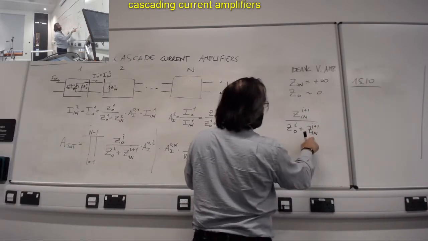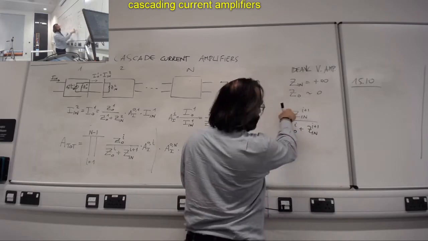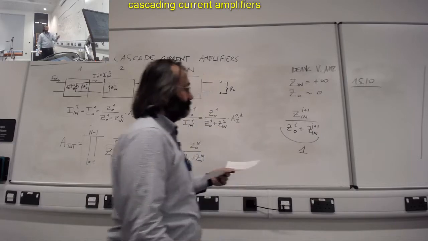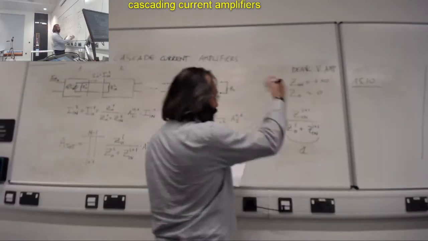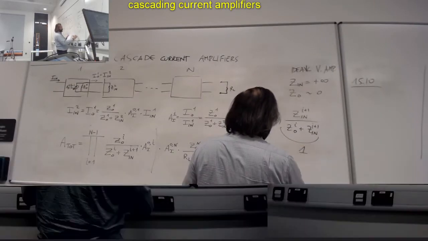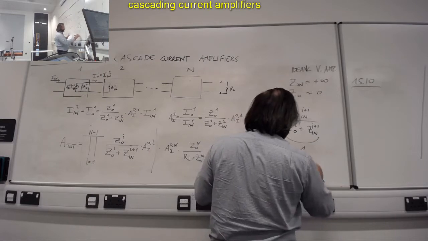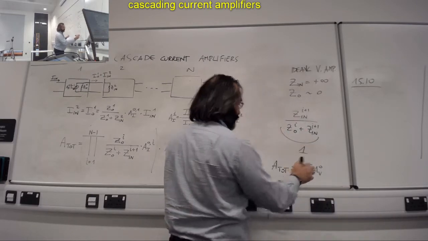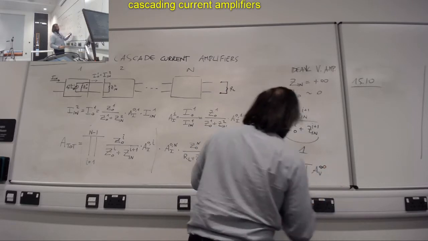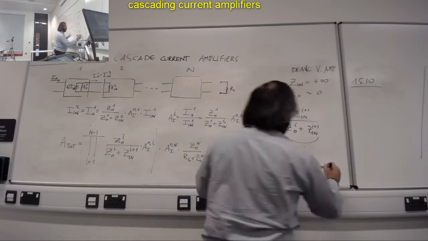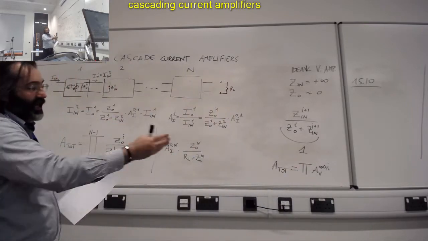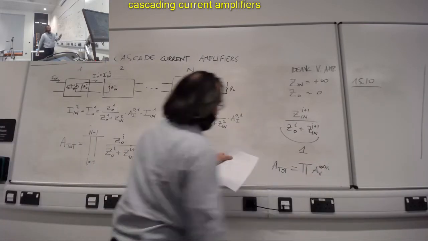So if this is infinite, this is 0, and this is infinite, it makes 1. And so the total amplification is exactly the product of all the ideal amplifications of each stage, the AV infinite values.